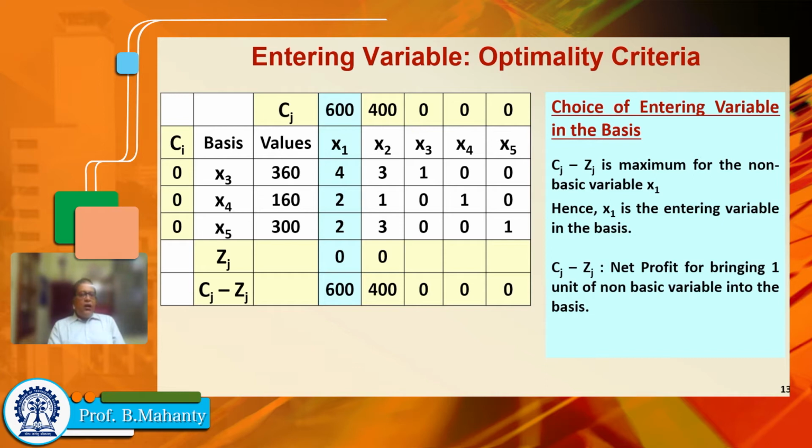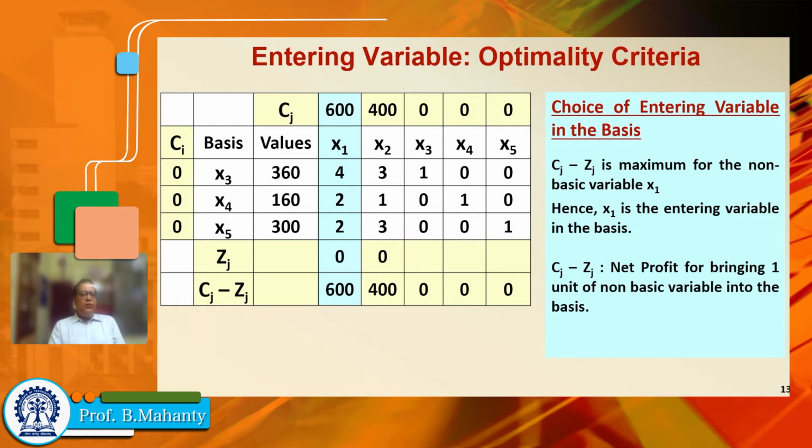Always remember that when it comes to the leaving variable, you have to look at the bottleneck resource. You can mechanically do the problem by simply dividing 360 by 4, 160 by 2 and 300 by 2 and taking the minimum. But sometimes you get confused if there are zeros involved. Suppose this 2 is a 0. How do I divide 160 by 0?